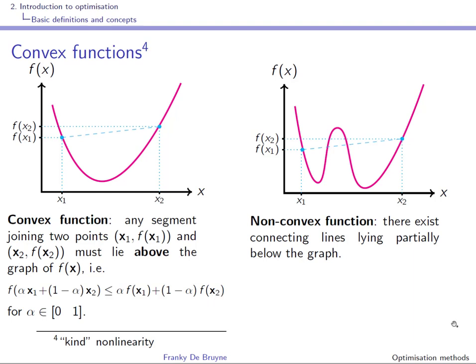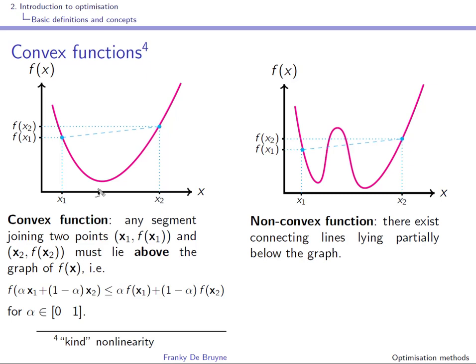Let us have a look at this example of a function with one variable, and let us take any x1 and x2 and take a convex combination of x1 and x2. So this will produce a point that is lying on the segment that joins x1 and x2. Let us say this x over here.